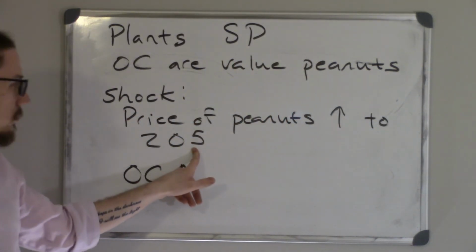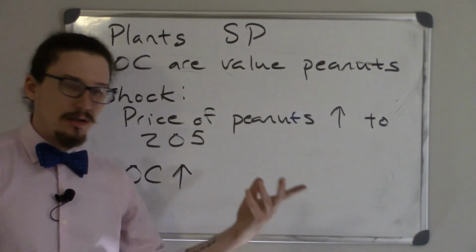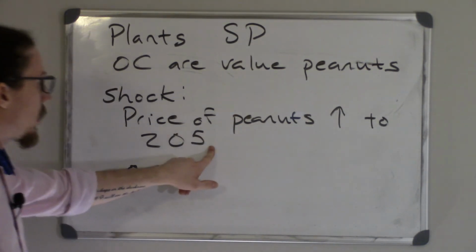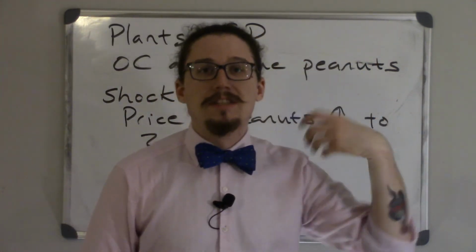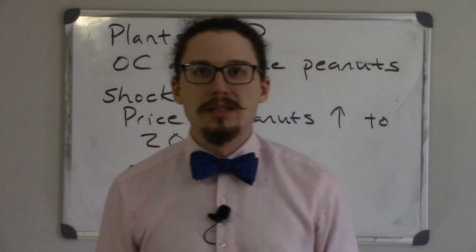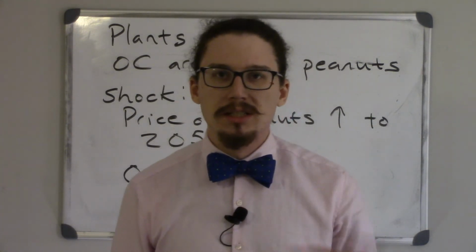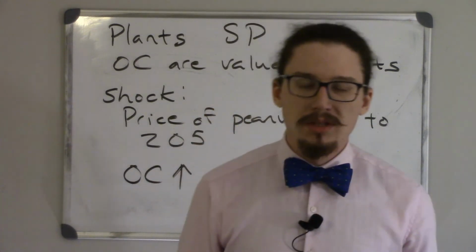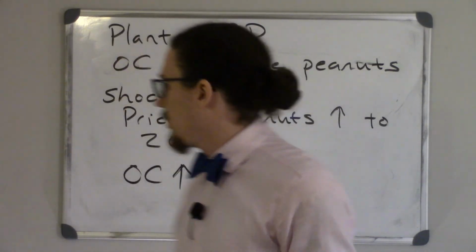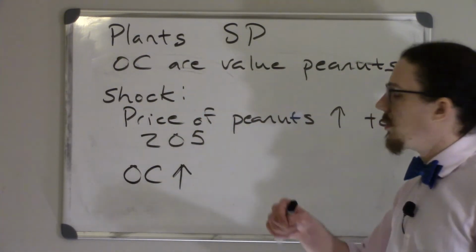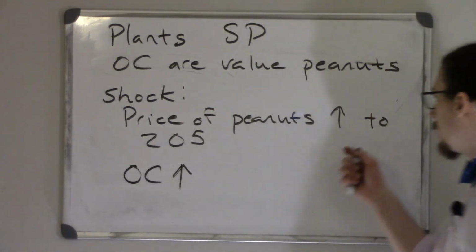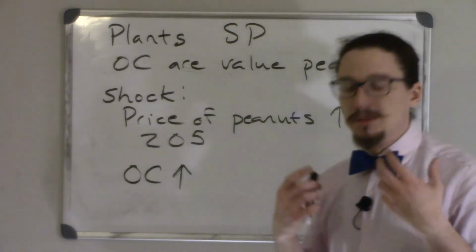Now the price of the peanuts is up to 205, which is 5 more than the value of the sweet potatoes. And assuming that Farmer Brown can easily switch between the two crops, which we are going to do for simplicity's sake, then what's likely to happen is that Farmer Brown is going to switch to peanuts.